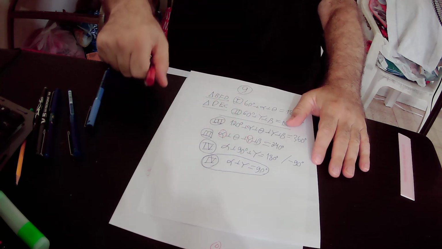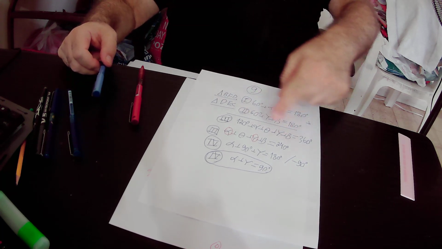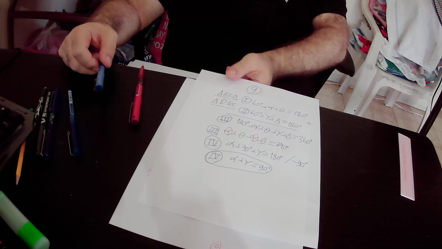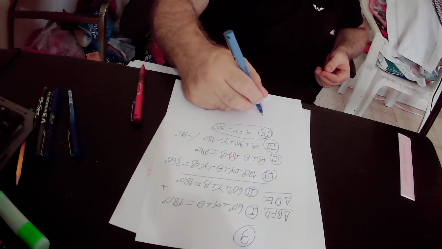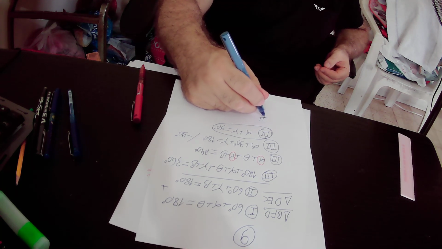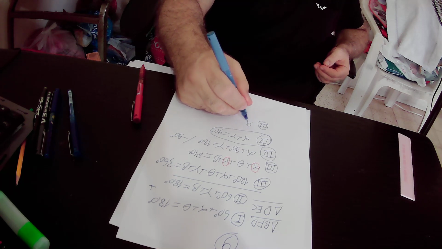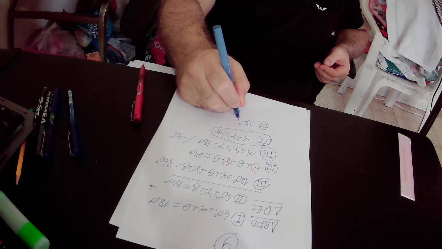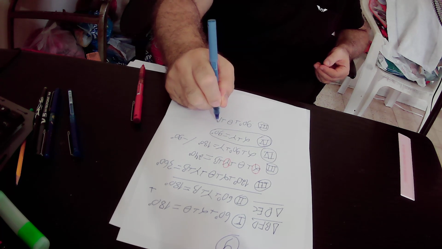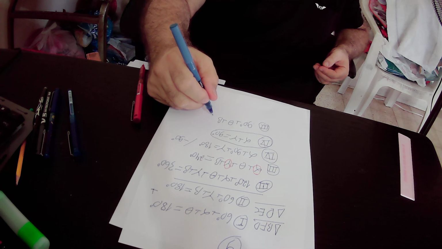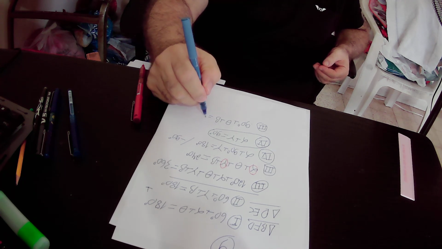Okay? So we'll substitute alpha plus gamma by 90 degrees in the third equation, and we will get that 90 degrees plus theta plus beta equals 240 degrees.